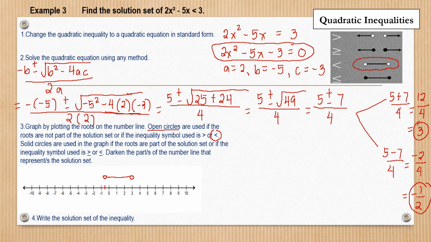Step 4, write the solution set of the inequality. So the solution set will be the set of all x's such that x is greater than negative 1/2 but less than positive 3.